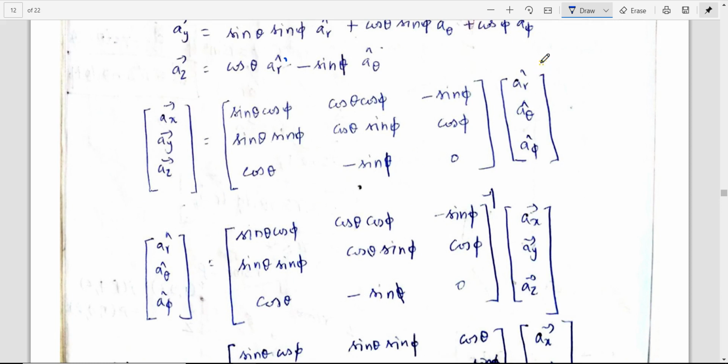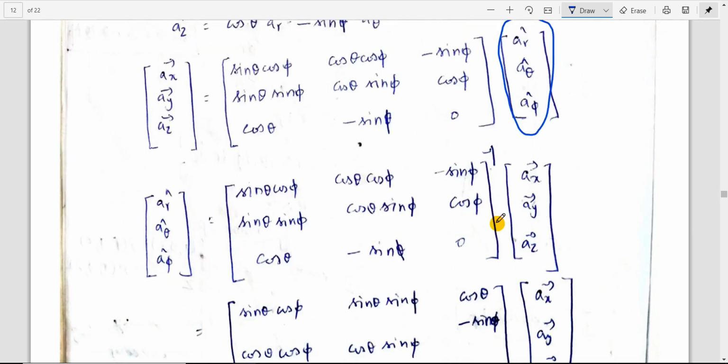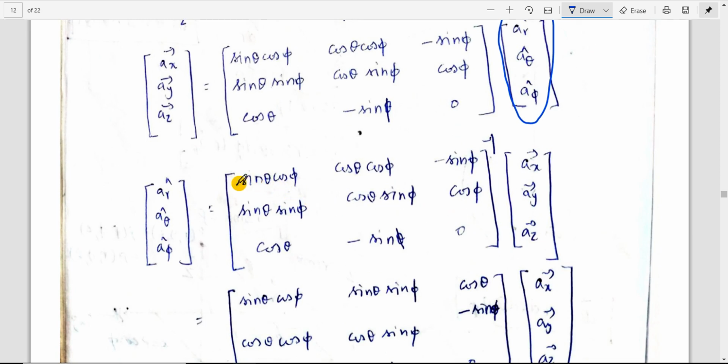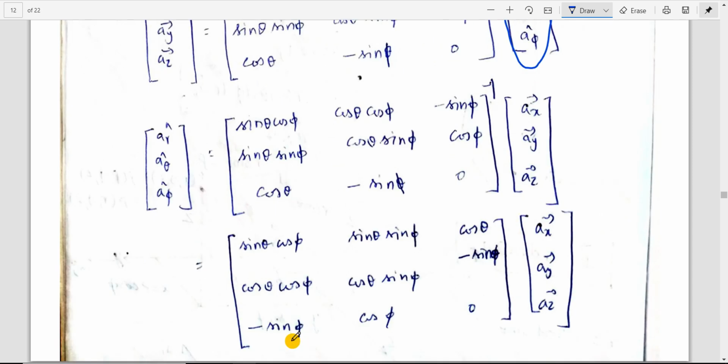If we want to find the A r, A theta, A phi components, this will be coming on this side and this will be coming on this side, which means this can be taken as the inverse transformation of the 3 cross 3 matrix. If you are taking the inverse of the 3 cross 3 matrix, the row vectors are going to be represented as column vectors.